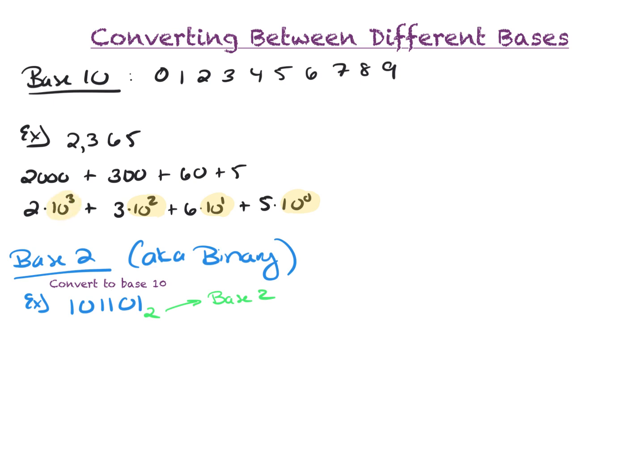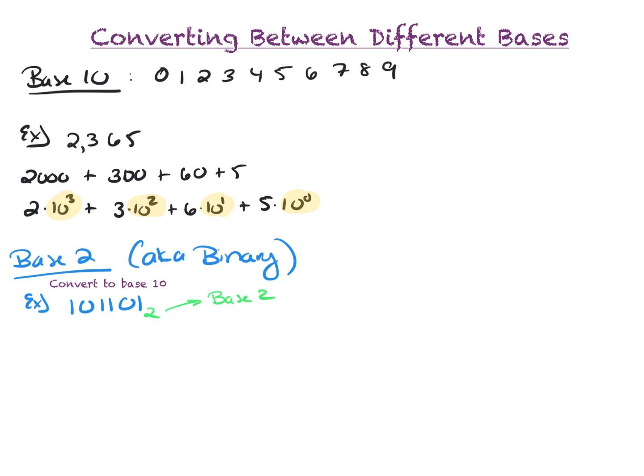So I'm going to do the same thing with our base 2s, but instead of using powers of 10, I'm going to do 2 to the 0, 2 to the 1, 2 to the 2, 2 to the 3. And I'm going to stop when I get to the farthest left. So let's start here with this.